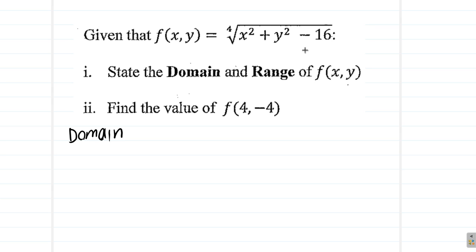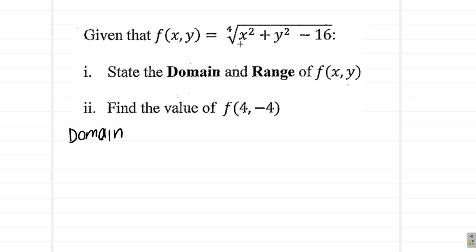Just like how the square root of a negative number is an imaginary number, the fourth root of a negative number is also an imaginary number. As long as you have an even root, whether the fourth root, the sixth root, the eighth root, 10th root, 12th root, 14th root, whatever it is, as long as it's an even root. An odd root can be negative, but not the even root.